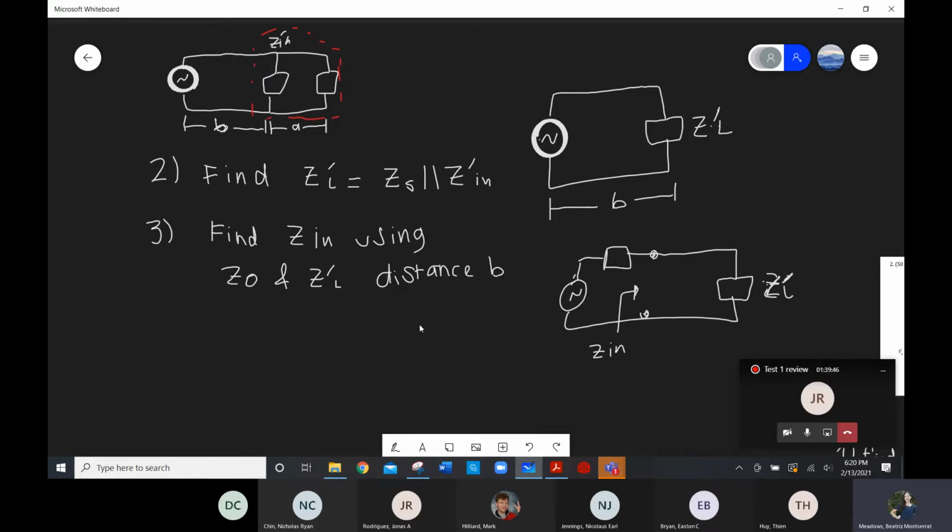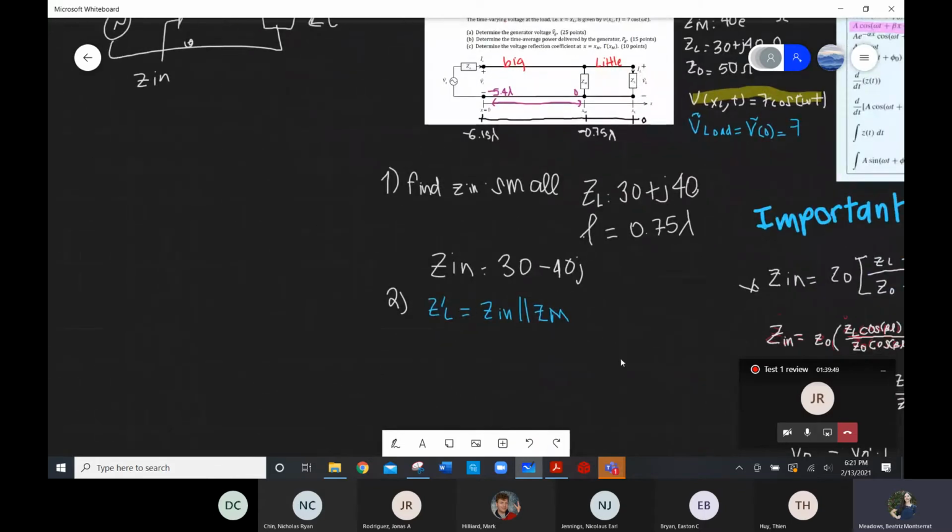which that was Zin. I guess I'm calling it prime. Let me just, do I want everything on that side to be prime or not prime?